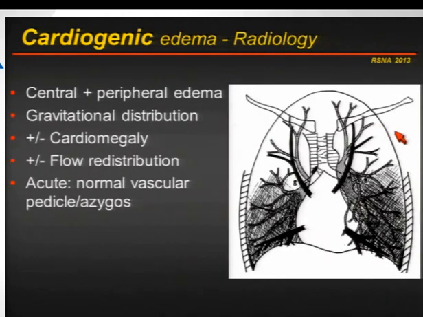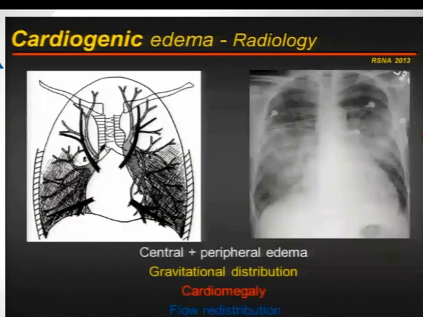So when we look at the chest radiograph, we see central and peripheral edema with gravitational distribution, presence of cardiomegaly in a substantial number of cases, as well as flow redistribution. But we should remember that in acute cases, there is a normal vascular pedicle size and normal azygos vein because the actual circulating blood flow is not increased.